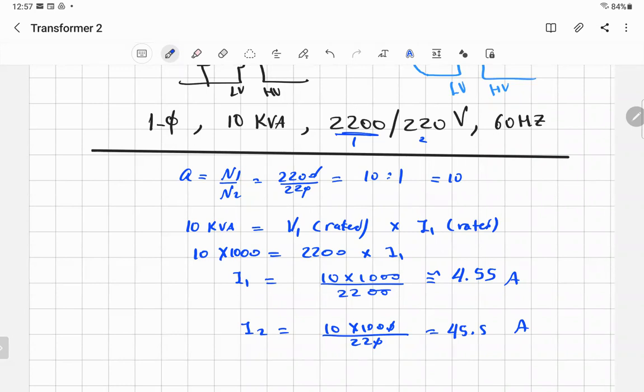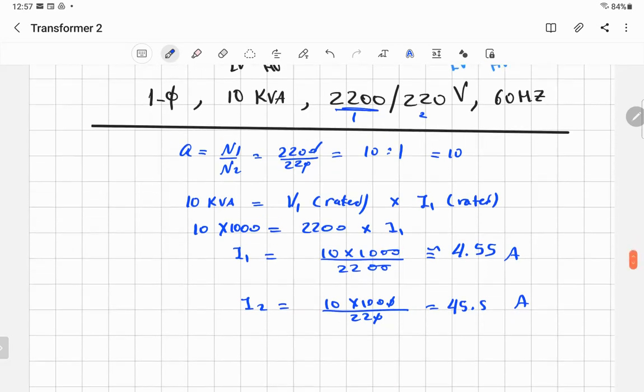So I got the values of the transformer that are important to know. 10 kVA equals V1 rated times I1 rated, then the next line is 10 times 1,000, which should be 10,000. So that's the rated current.